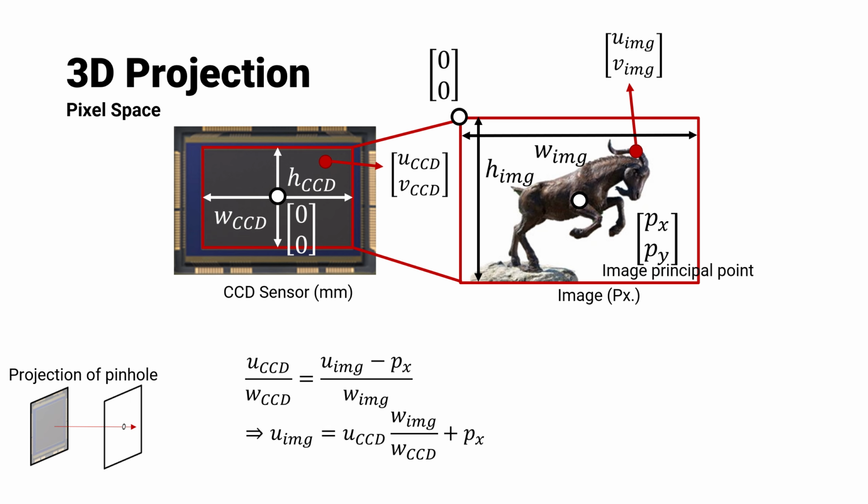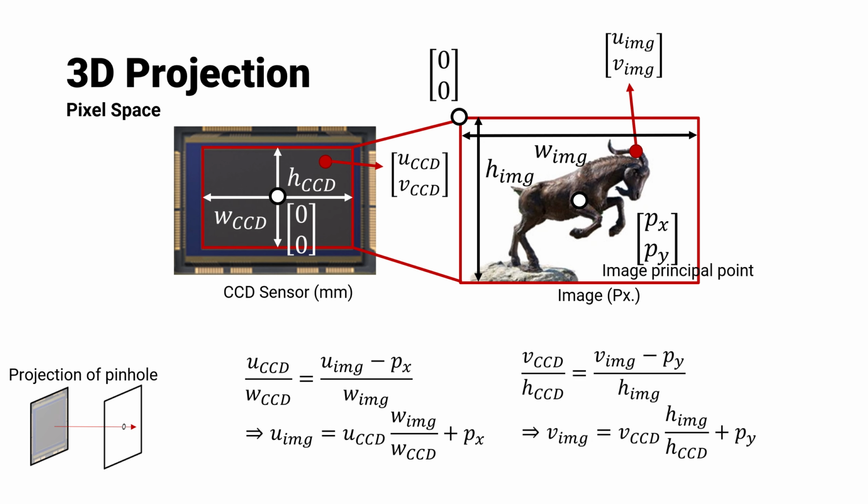So the amount of pixels U image is basically the physical millimeter space U CCD multiplied by this ratio of width of the image in pixels to the width of the physical sensor in millimeters plus the image shift of principal point in pixels. You can do the exact same thing for V, which is for Y, and you're going to replace all the W's with H and PX with PY.